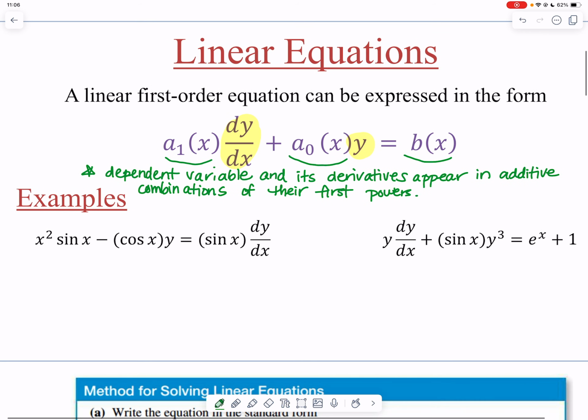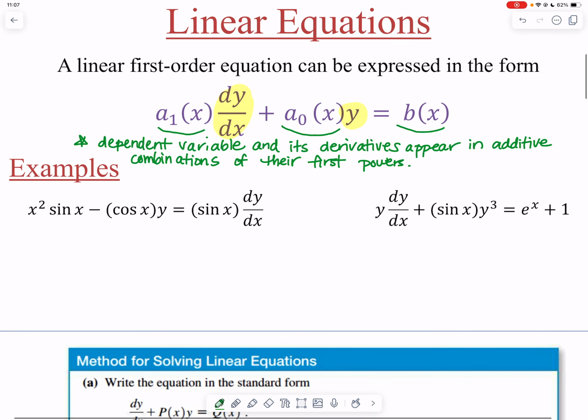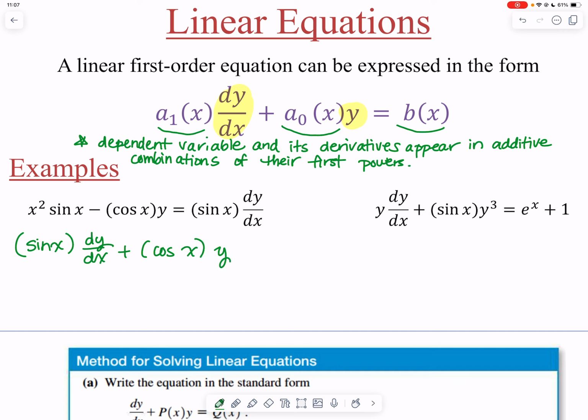Taking a look at this first example, let's go ahead and write that left-hand side: the sine of x multiplied by dy/dx plus cosine of x multiplied by y is equal to x squared multiplied by the sine of x.